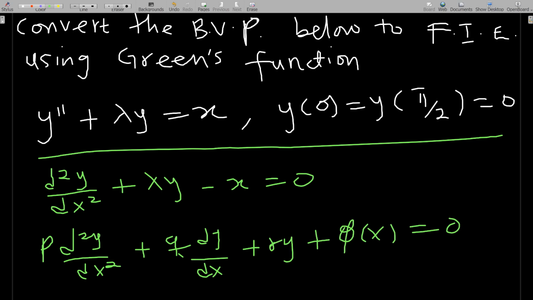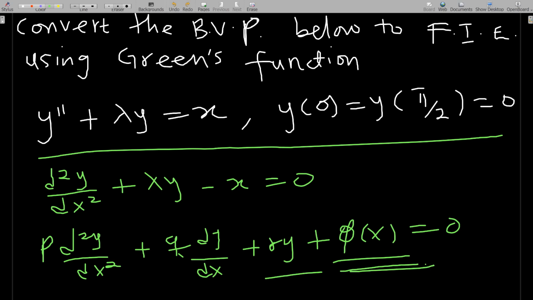But here, since phi is just a function of x, when you want to convert the BVP to an FIE using Green's function, you make sure that the function here will be a function of both x and y.